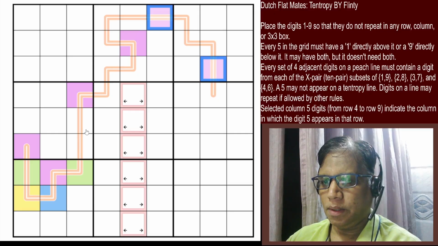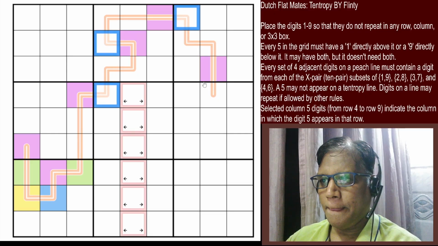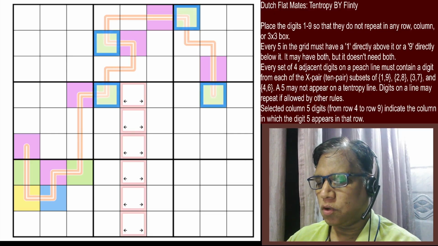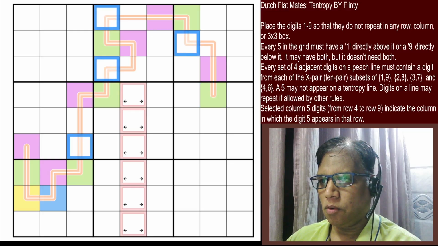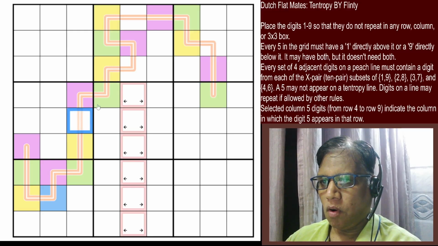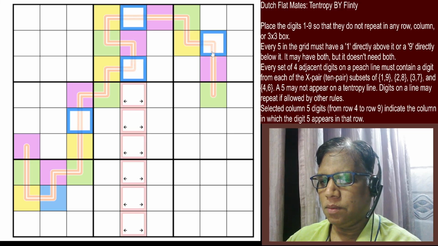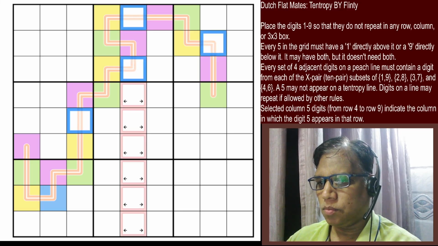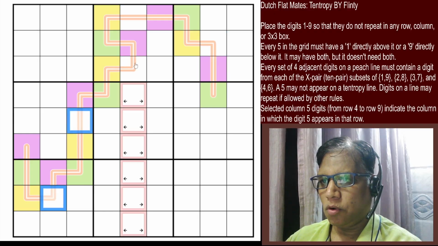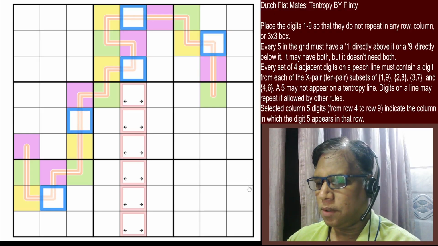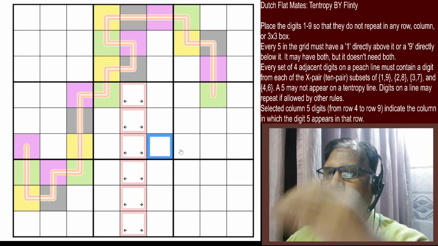After every pink there is now green, so all these belong to the green group. All these belong to the yellow group, and the remaining ones belong to the blue. Instead of blue, let me choose a different color, because blue we normally use for high-low kind of thing. So let me use gray.